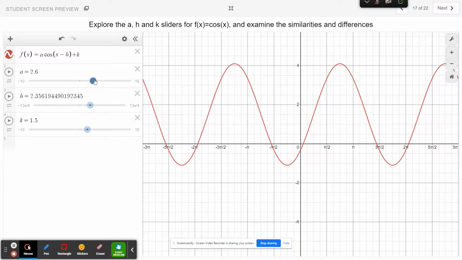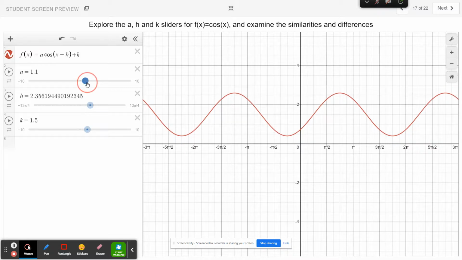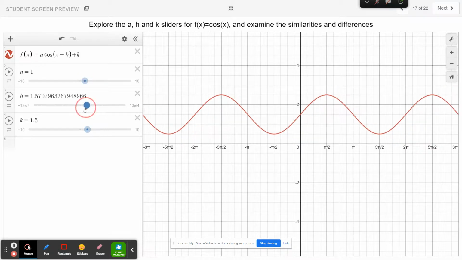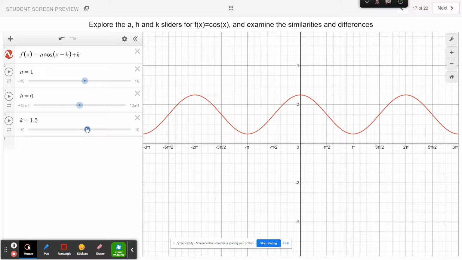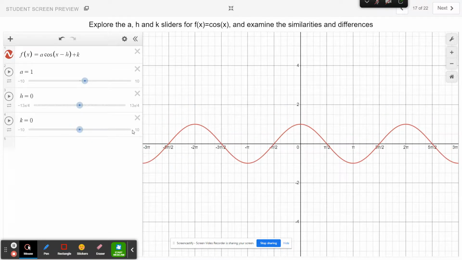Notice the period, if I put all these back, make A 1, make H 0, make K 0. So we're back to the parent function. Okay, what do we notice here? We notice that the period is still 2 pi. What's the difference between cosine and sine? At cosine of 0, it's 1.